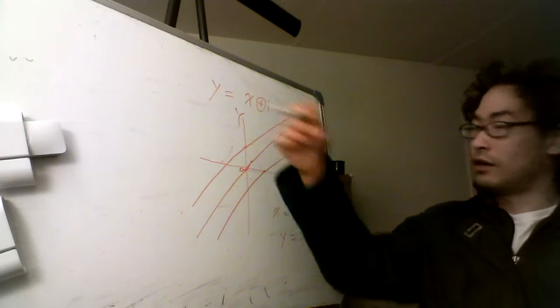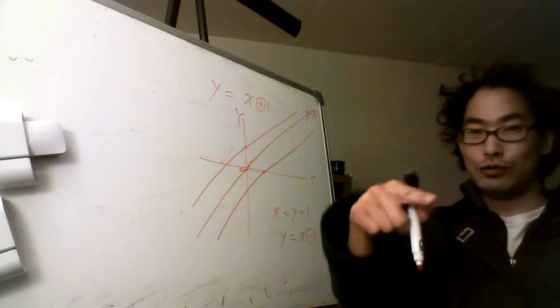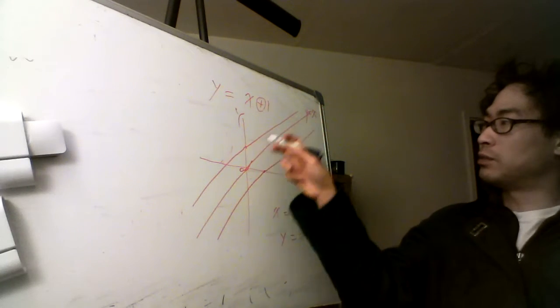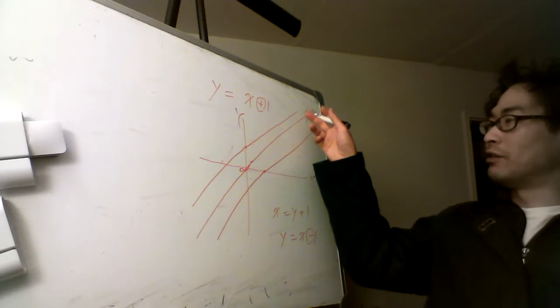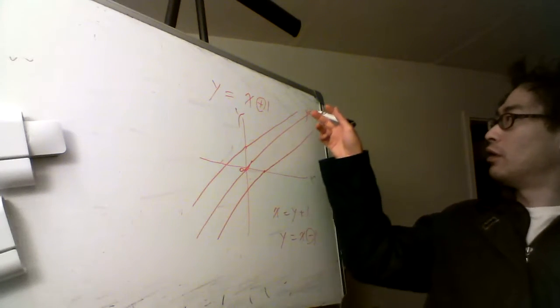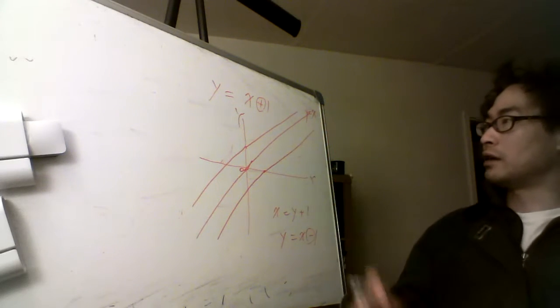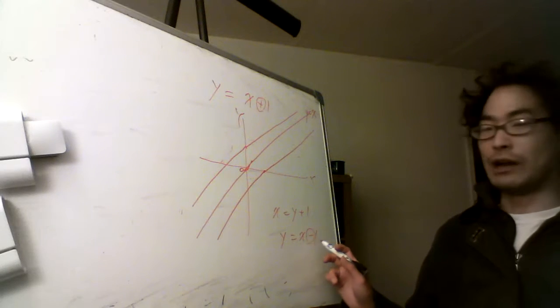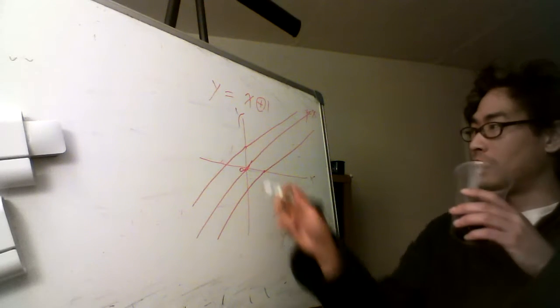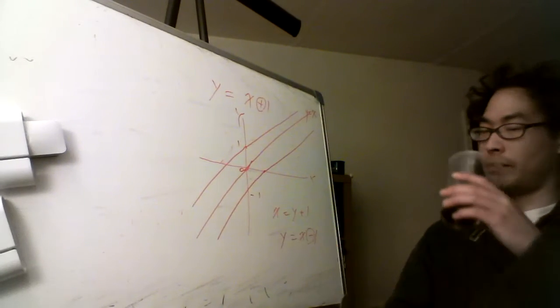Your y is equal to x plus 1, its mirror image behind this reflective diagonal line is y is equal to x minus 1.